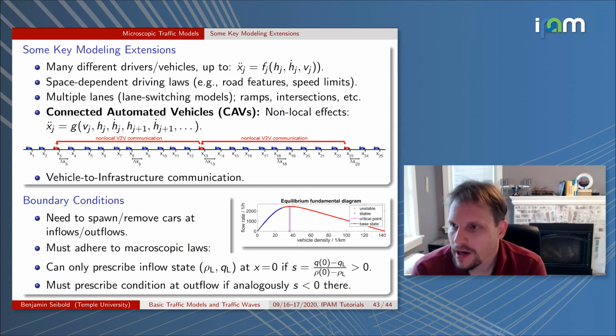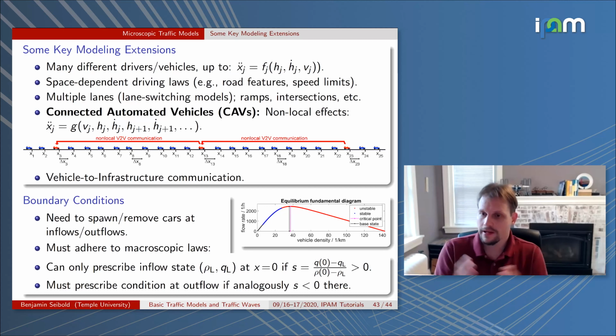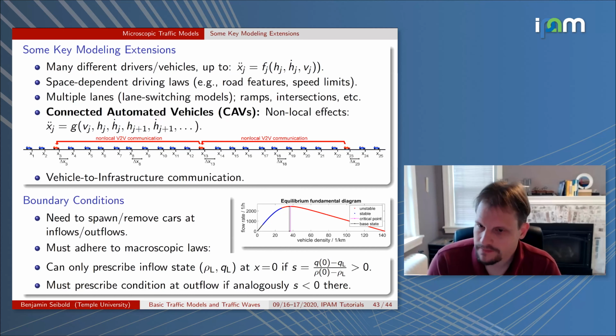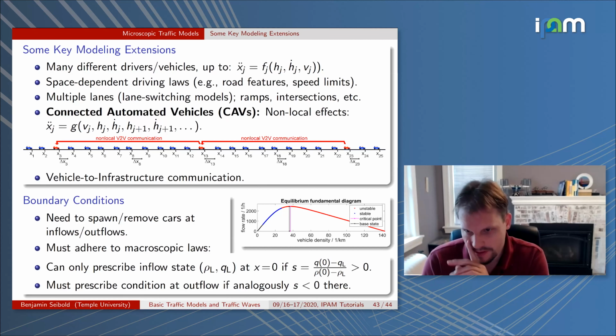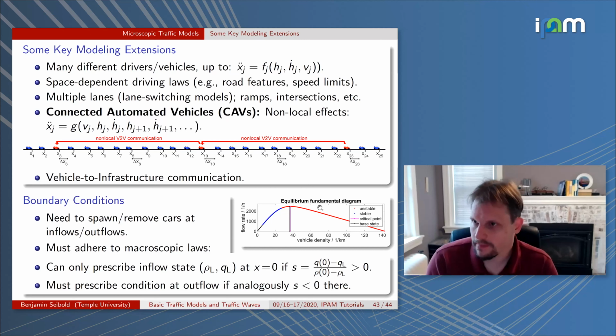Why? Because ultimately, these cars still adhere to a fundamental diagram and in equilibrium, right? You have this critical density here, and below the critical density, you have forward-going information propagation that is still true in the microscopic models, forward-going with regards to the road coordinate, whereas in the congested regime, you actually have backwards-going information.